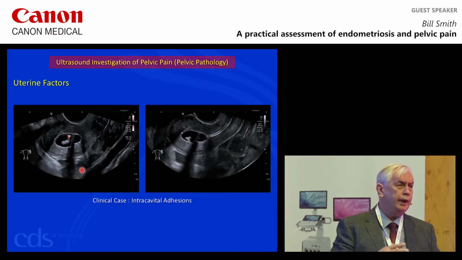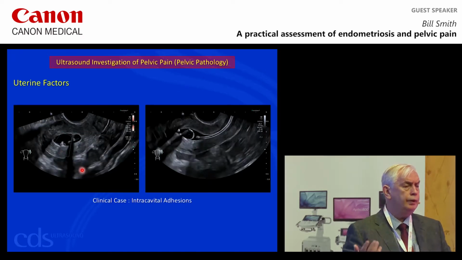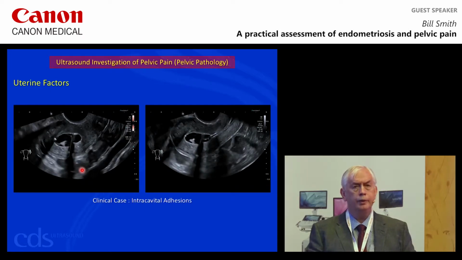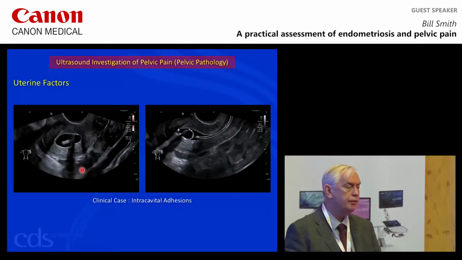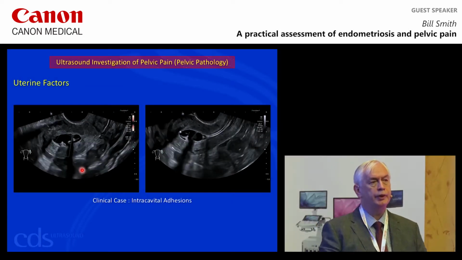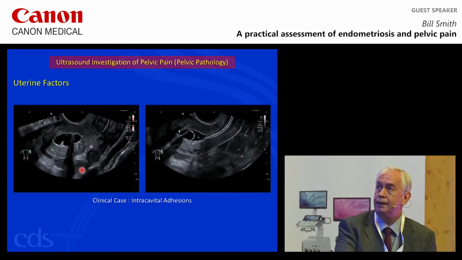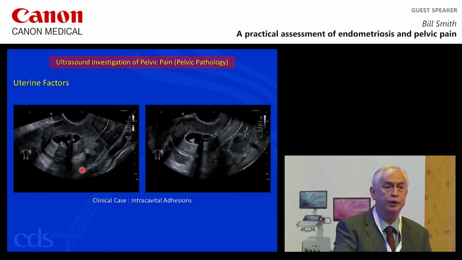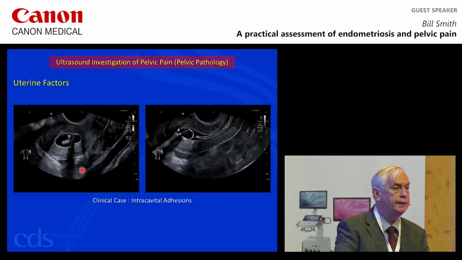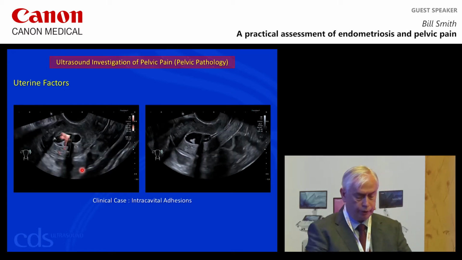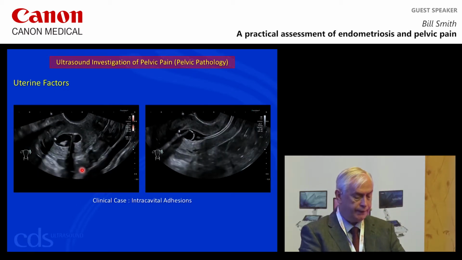And we get the impression that if we can do this, it does alleviate the discomfort the patient will have to a certain extent. Intracavitary adhesions, again, the saline infusion. This is something we've been doing for about 30, 35 years. And it took a long while to catch on, but it's a very, very useful technique for all sorts of reasons.